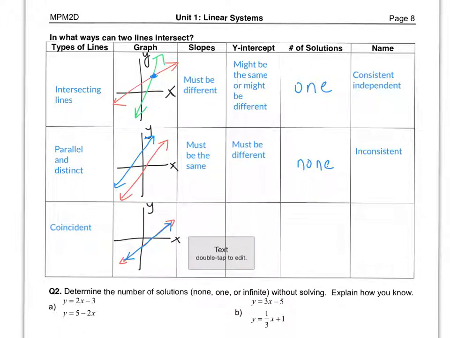In this case, our slopes must be the same so that they go in the same direction. And along with that, our y-intercepts must be the same, because that way they are exactly the same line.